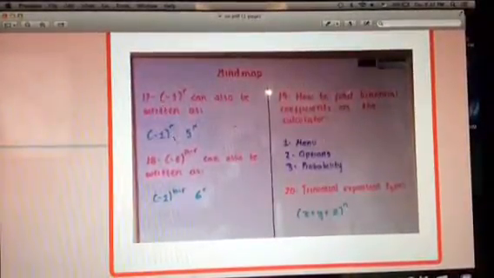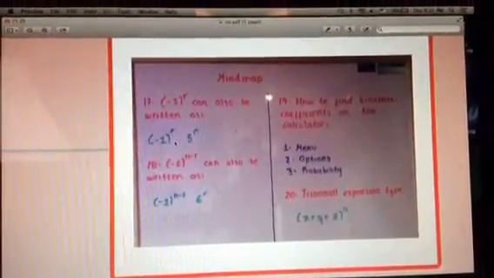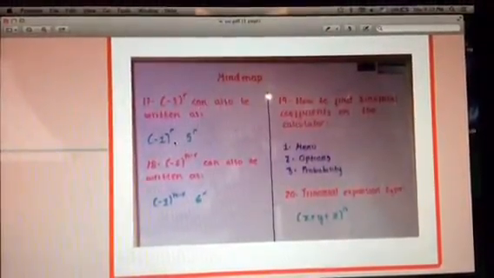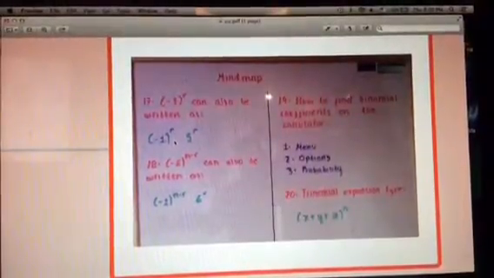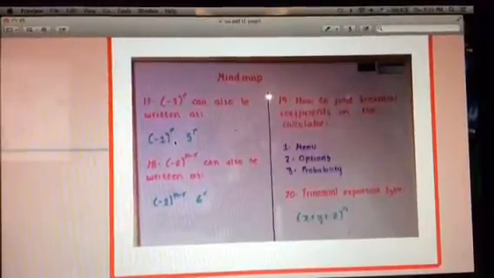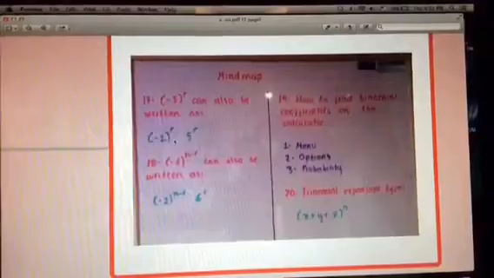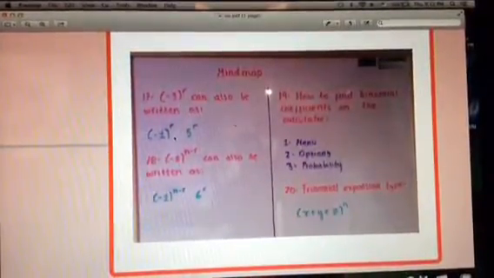When we have (minus 5) to the power of r, it can also be written as (minus 1) to the r and 5 to the r. Also, in the case of (minus 6) to the n minus r, it can be written as (minus 1) to the power of n minus r and 6 to the power of n minus r.